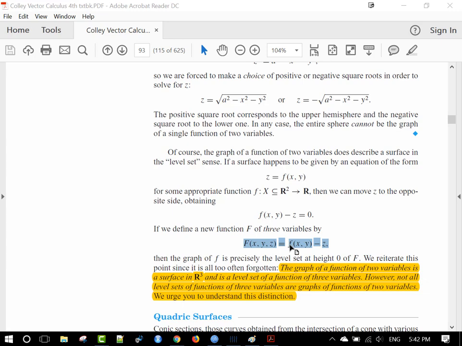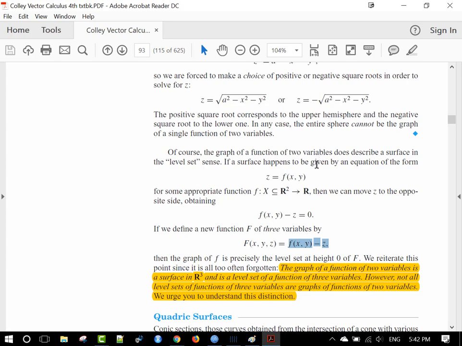Okay, it is interesting though to see that you can start with a function of two variables and construct the kind of corresponding function of three variables by doing this, by taking the z over to this side, and you really have on the right hand side something with three variables, and you can call that a function of three variables.